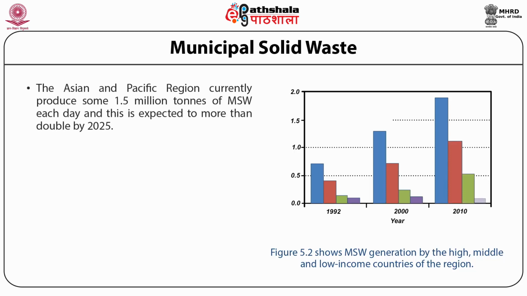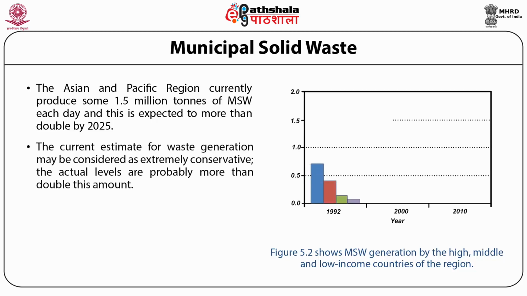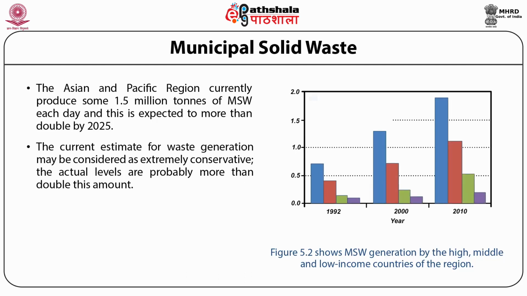Taken as a whole, the Asia and Pacific region currently produces some 1.5 million tons of MSW each day, and this is expected to more than double by 2025. The current estimate for waste generation may be considered extremely conservative. The actual levels are probably more than double this amount.